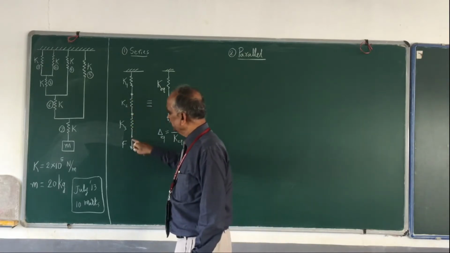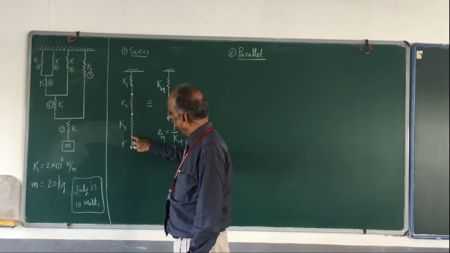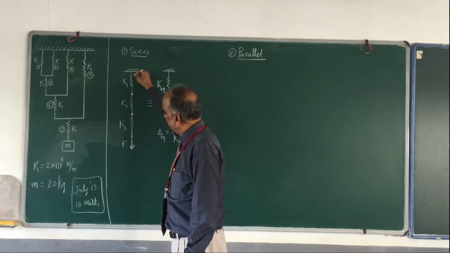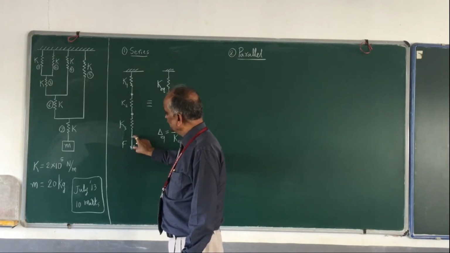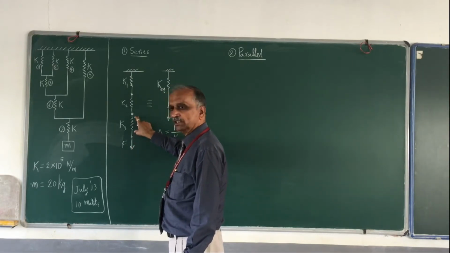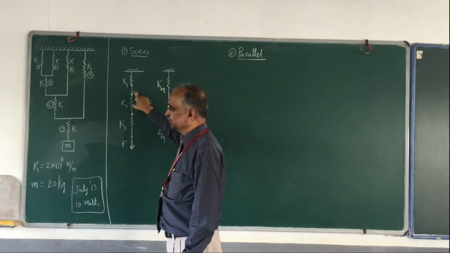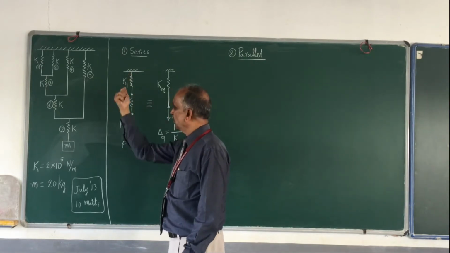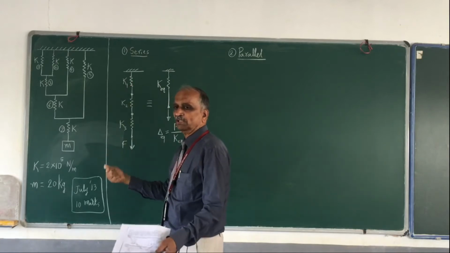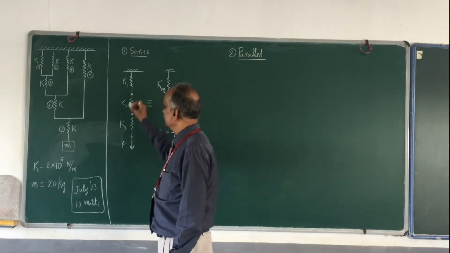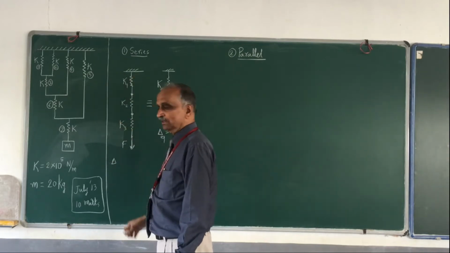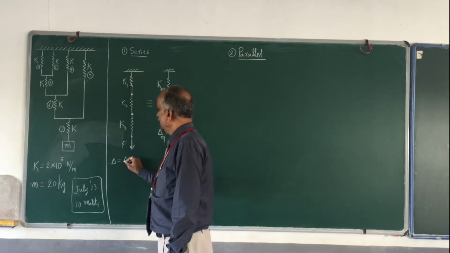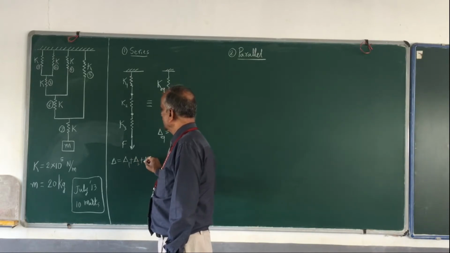Here the force, though it is acting at this end, with one end fixed and the other end free, is acting not only on K3, it is also acting on K2, and on K1. All of them are subjected to the same force. So the total delta is nothing but delta of 1 plus delta of 2 plus delta of 3.